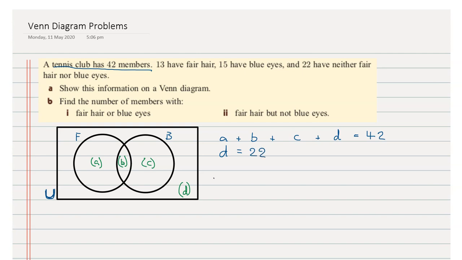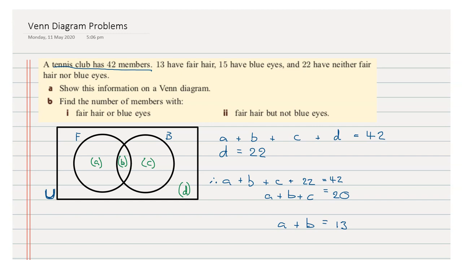That will make our equation 1, the first one, A plus B plus C plus 22 equals 42. Taking 22 from both sides, it will be A plus B plus C equals 20. Now there's some more information we can derive: the number of people with fair hair is A plus B, and it tells us up here the amount of people with fair hair is 13.